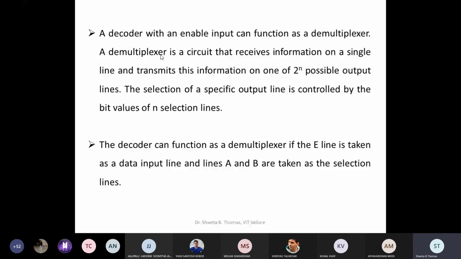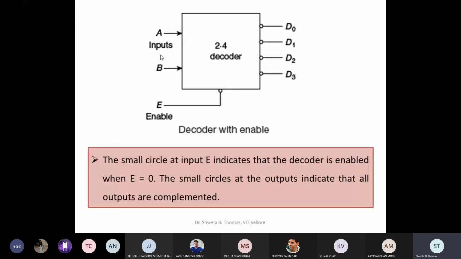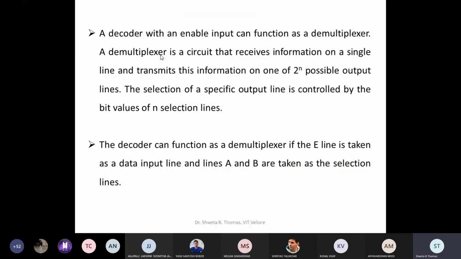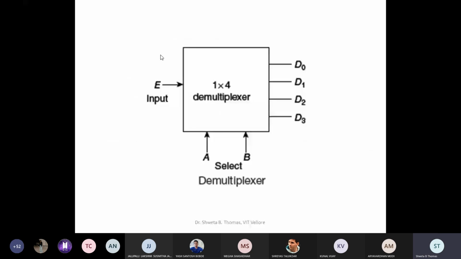The decoder can function as a demultiplexer if the E line is taken as a data input. Just now I told you that the enable input is not converted, we are just changing the name. It is called a data input line, and A and B are taken as selection lines. So this is the circuit of the demultiplexer.